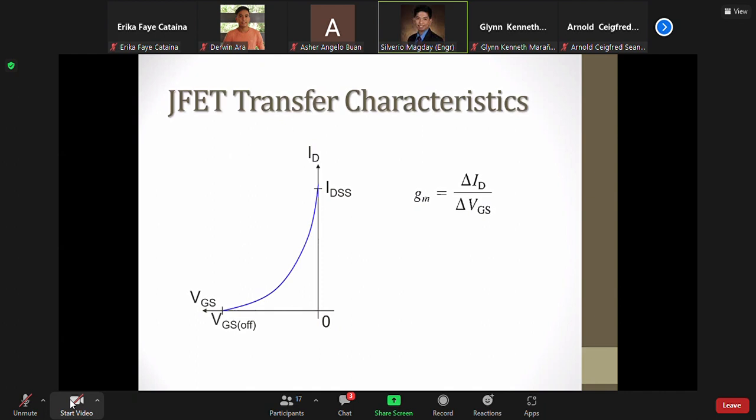Okay, for the transconductance of a JFET, it is the change in drain current for a given change in the gate-to-source voltage. So it is the ratio of the change in the drain current over the change in the gate-to-source voltage, at VDS constant. And it is measured in Siemens.